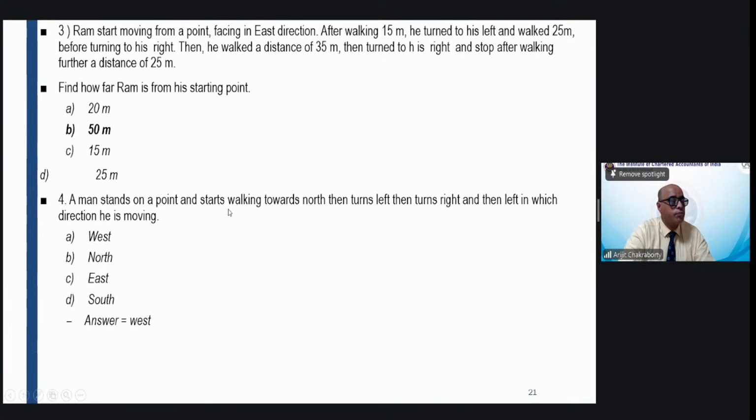A man stands on a point and starts walking towards north. Then turns left. After going north, left, so you are towards the western side. Then turns right. Again, you are towards the northern side and then left, western side. He is moving towards the western side. Question number 4, moving towards the western side.